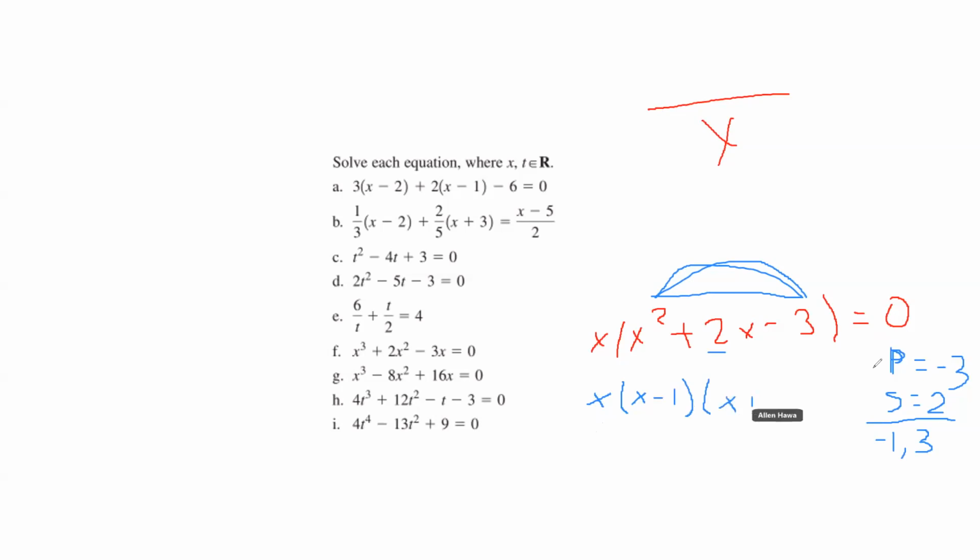Because it goes from x1 times x2 equals this. Yeah, it's another word, but Vieta was the name of the mathematician who found this solution. Well, that's the answer. So then x could equal 0, 1, and -3.